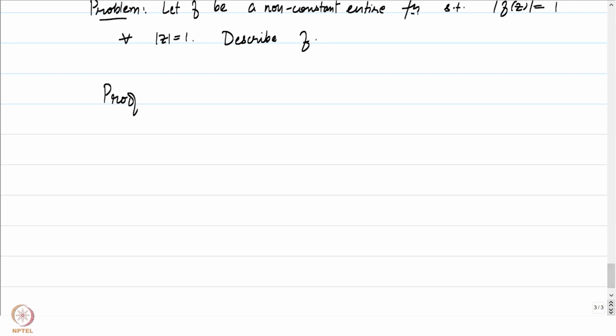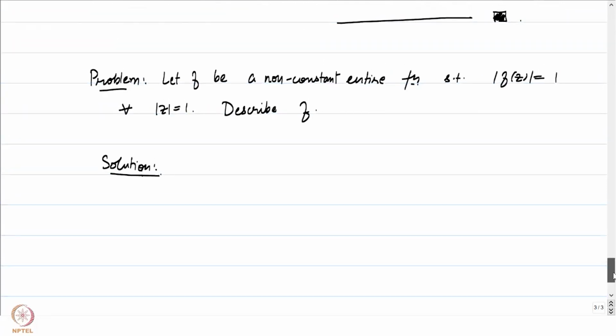Let me give a proof of, rather I will call it a solution, because we don't know what to prove here yet. Let's see what happens when we explore what happens to this function f.